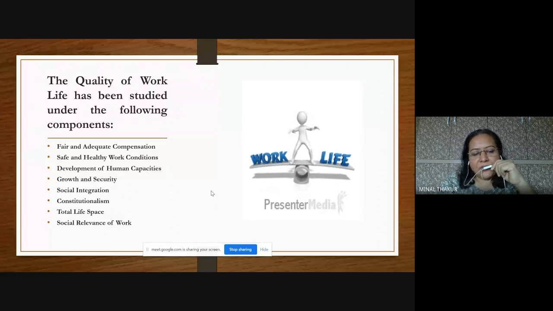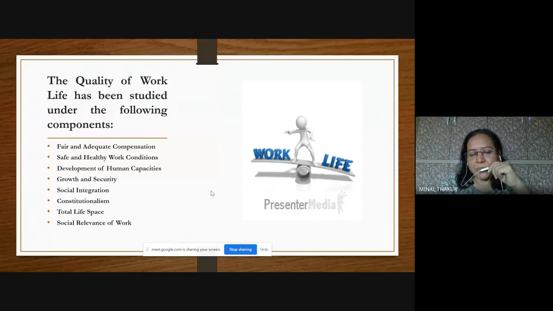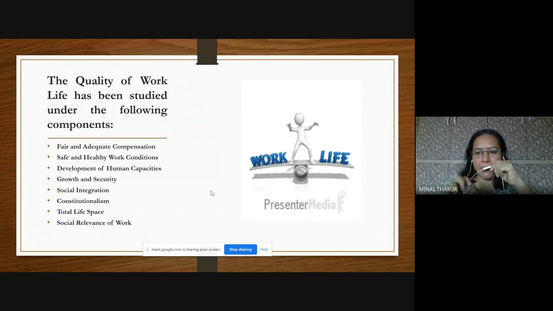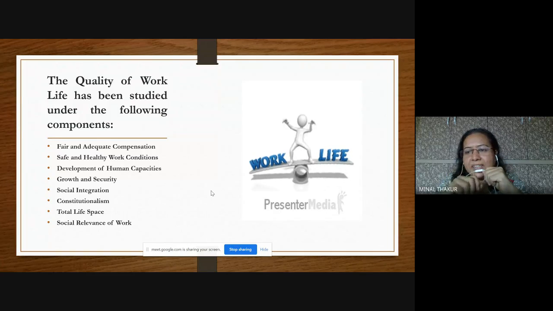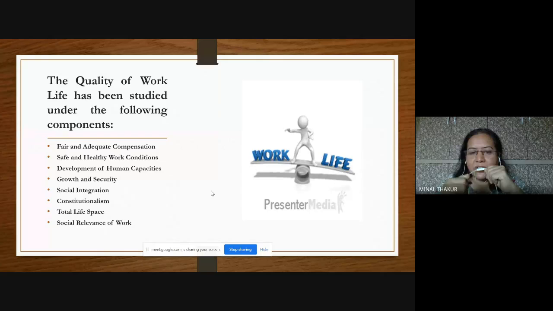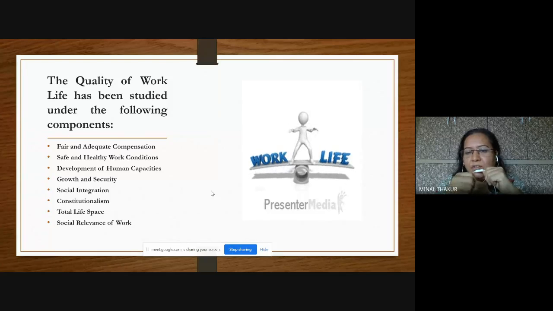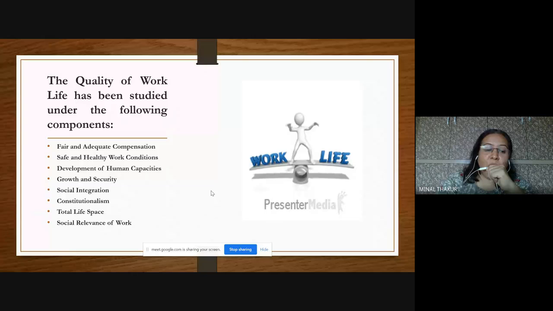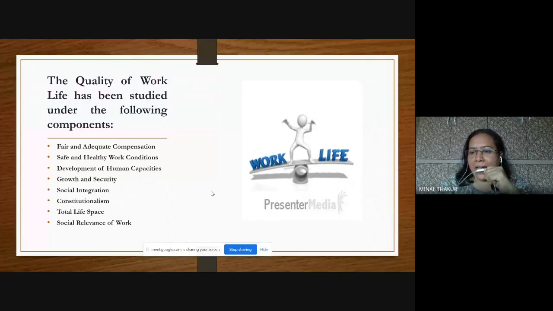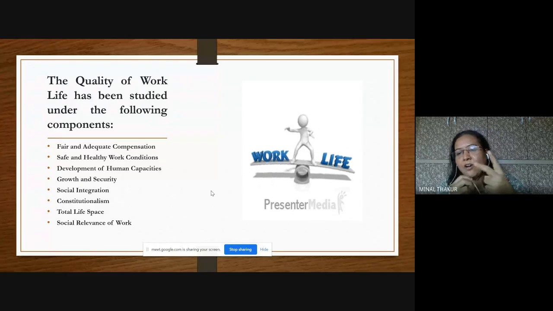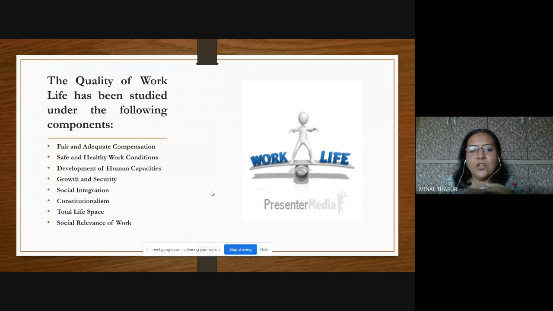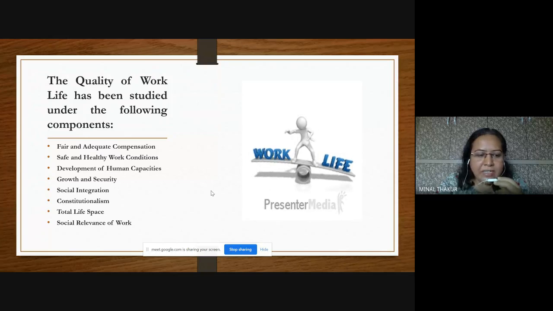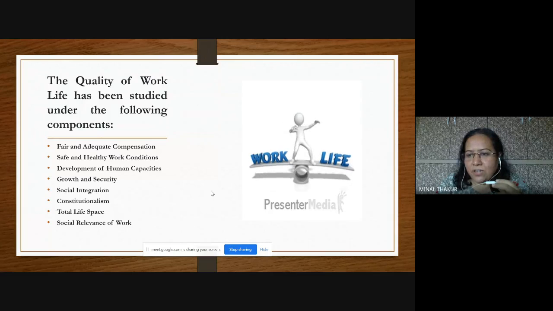Then total life space. What is this total life space? It means that suppose there are certain days when you are overworked, you are given extra work and you feel that you cannot spend time with your family. So how well you are able to balance your work and your family comes under total life space. Then social relevance of work.